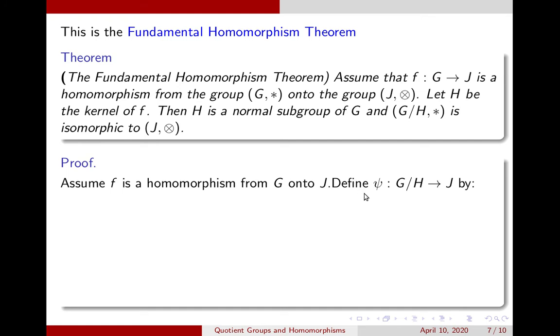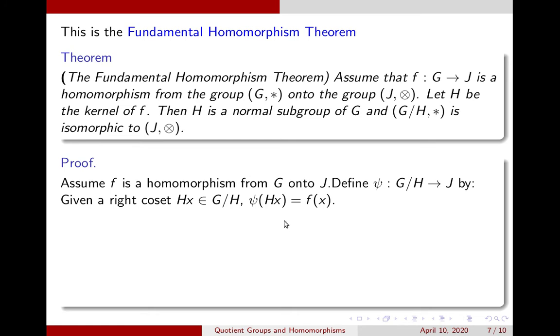Now we're going to define the function psi from the quotient group into J. So psi takes as an input a right coset of H and gives us as an output an element of J. So given a right coset, H times x, what is psi of that right coset?